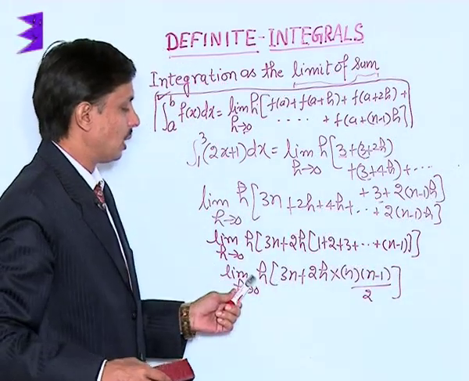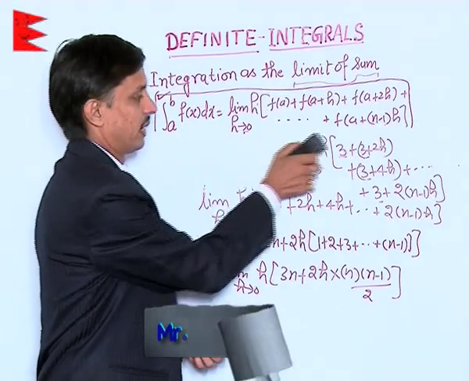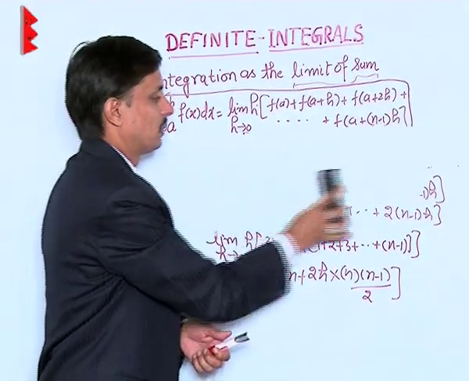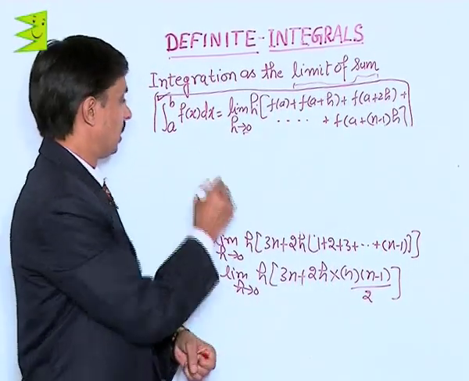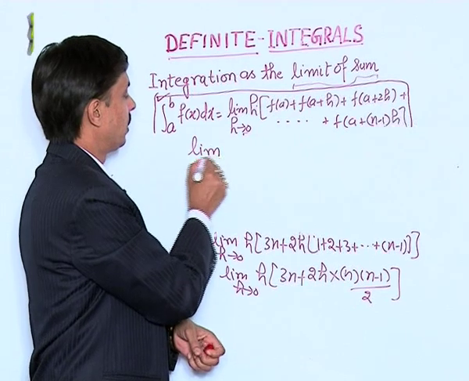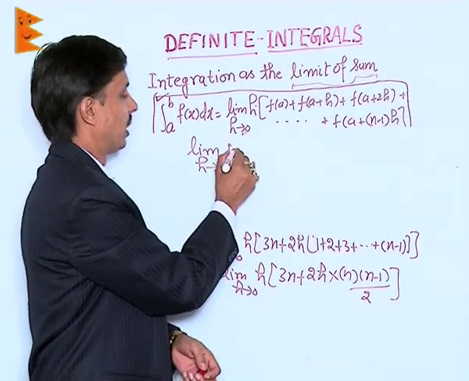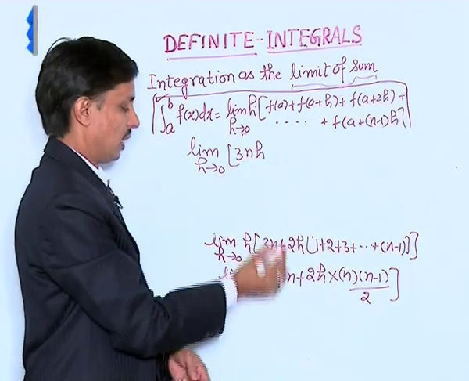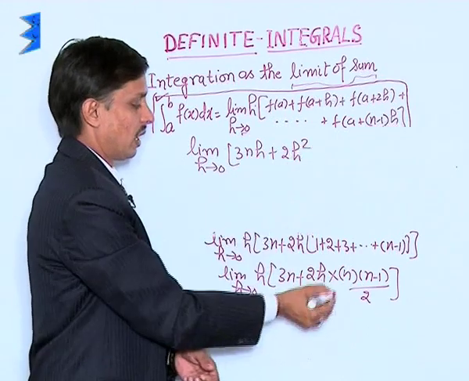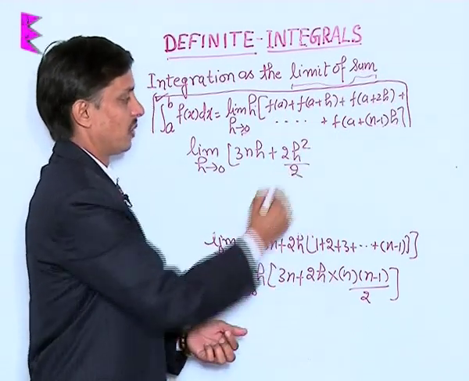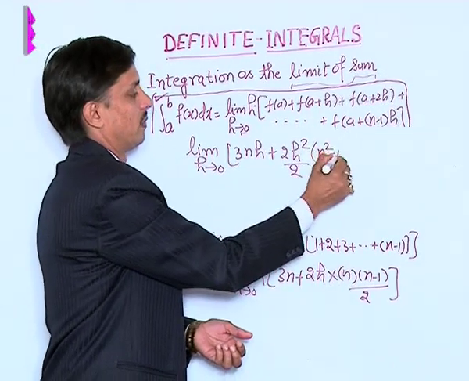Now if we multiply this h inside, what will we get? We will get a simplified expression: limit h tending to 0, h times of 3n, that is 3nh, h times of 2h, that is 2h square, upon 2 into n square minus n.